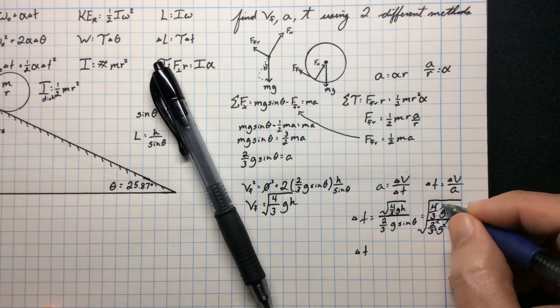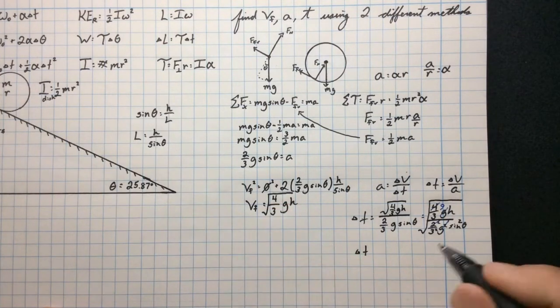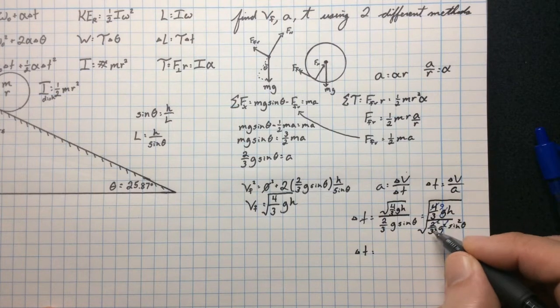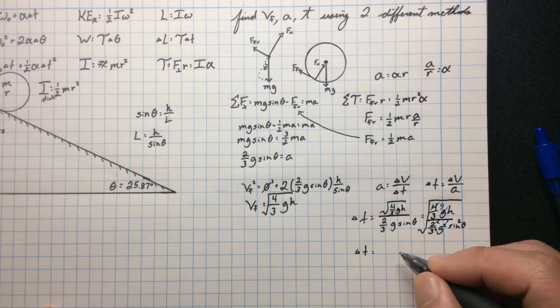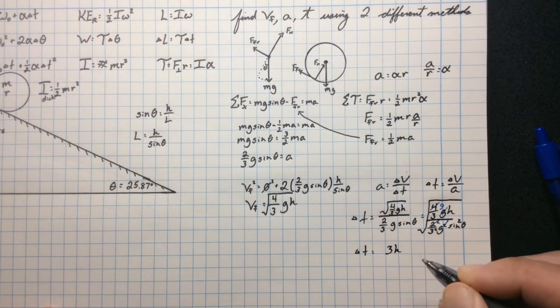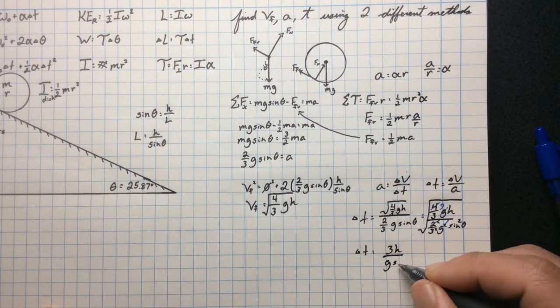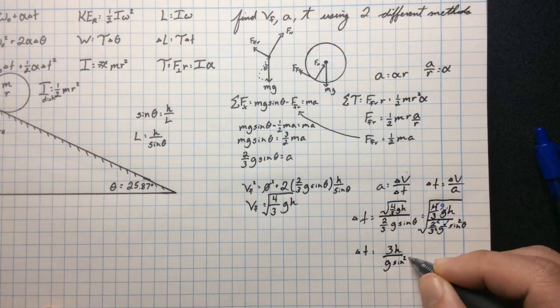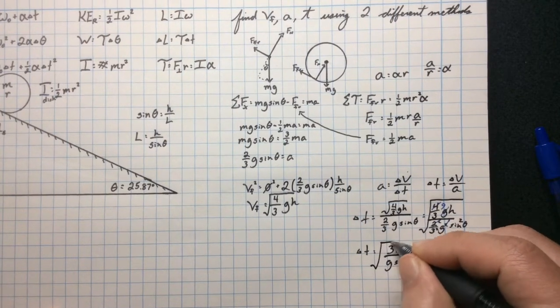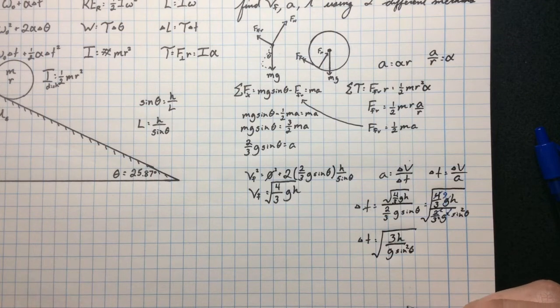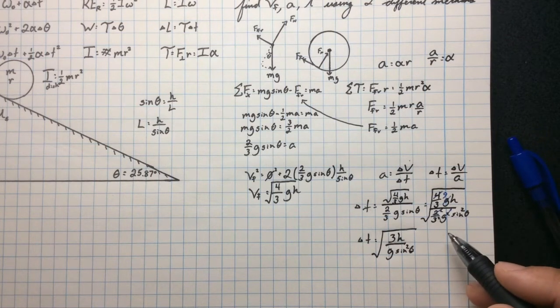That'll be on top, right there, and that 3 will be on the bottom. So we have a total of 9 divided by 3, so 3 h over g sine squared theta, square rooted. And that should work out. Hopefully I did that math right.